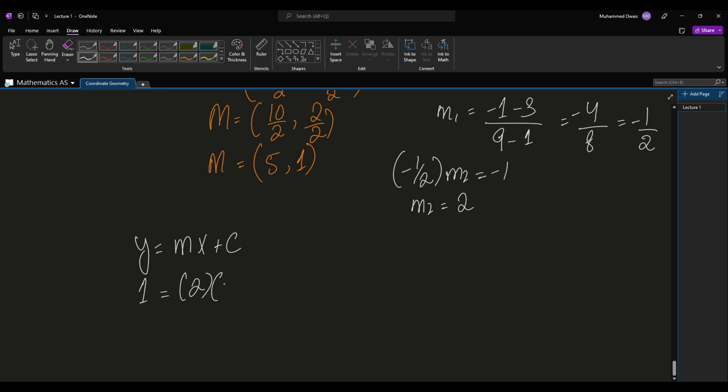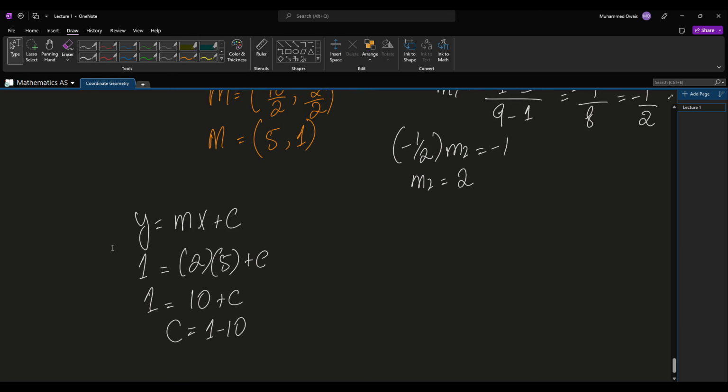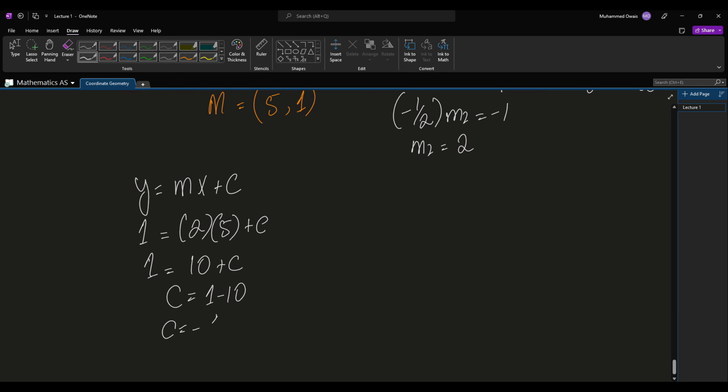In place of x, I can write 5, and this is c. So 1 is equal to 10 plus c. C is equal to 1 minus 10. Thus, c is equal to minus 9. So we can write y equals 2x minus 9.